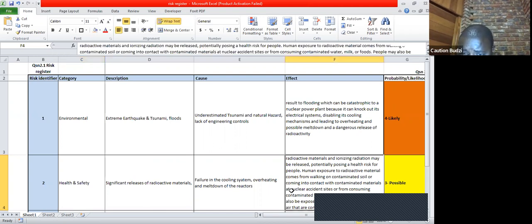The effect is radioactive materials and ionizing radiation may be released, potentially posing a health risk for people.